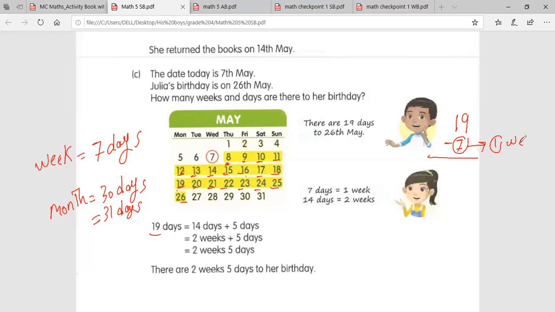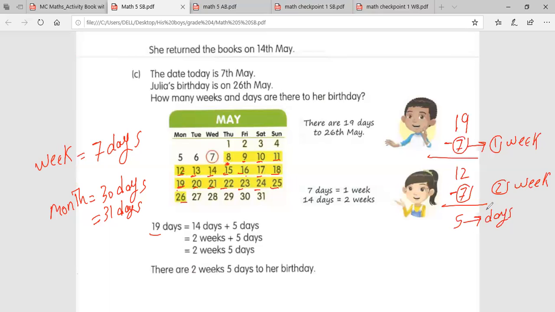The first week, I subtract 7: 19 minus 7 is 12. Then the second week, I subtract 7 also, and I get 5. With 5, we can't subtract 7. We have 2 weeks and 5 days.